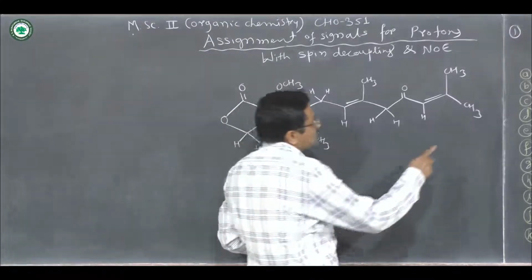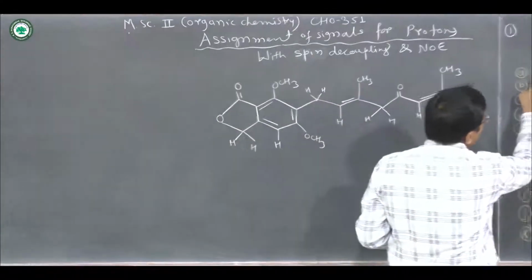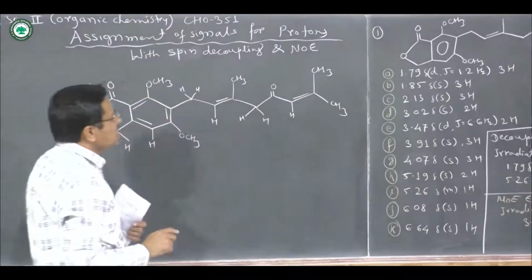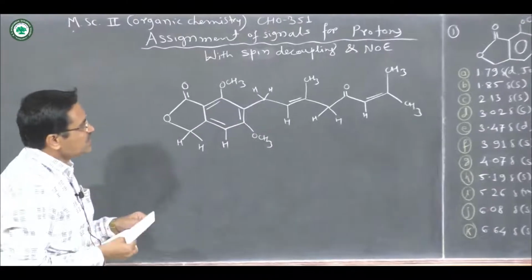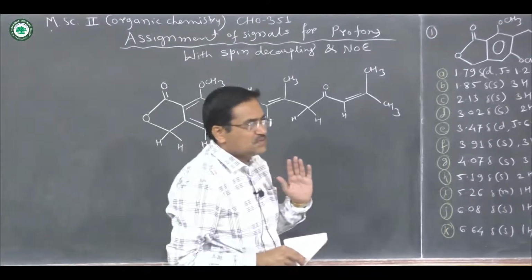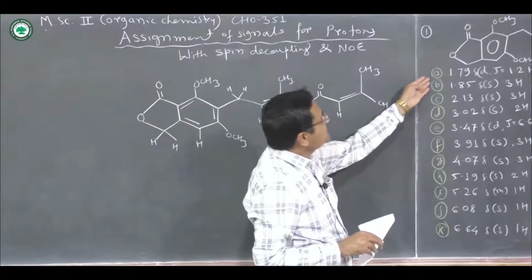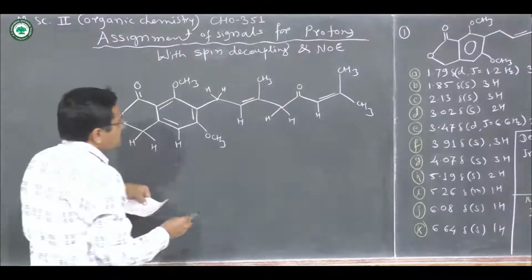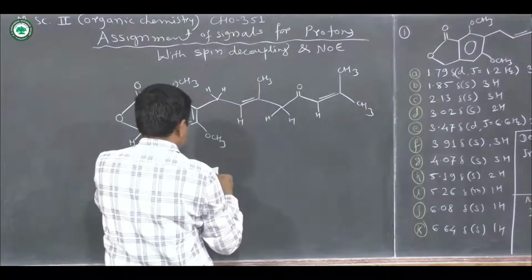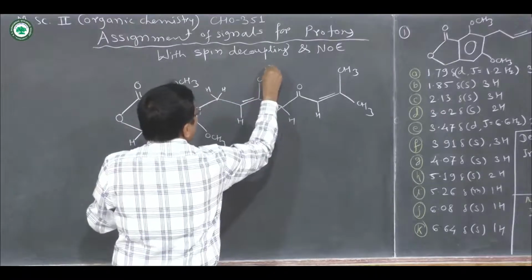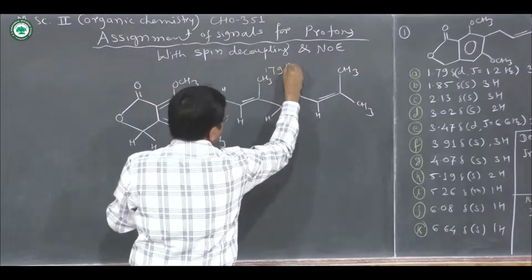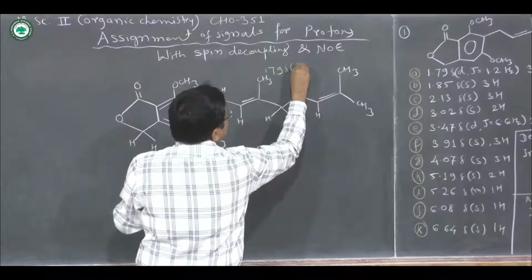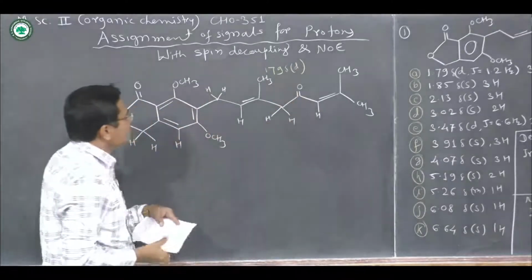The signal at 1.79 delta is a doublet, J equals 1.2 Hertz, for 3 hydrogens. It is present in the shielded region, hence it gives this 1.79 delta value. Why is it a doublet?